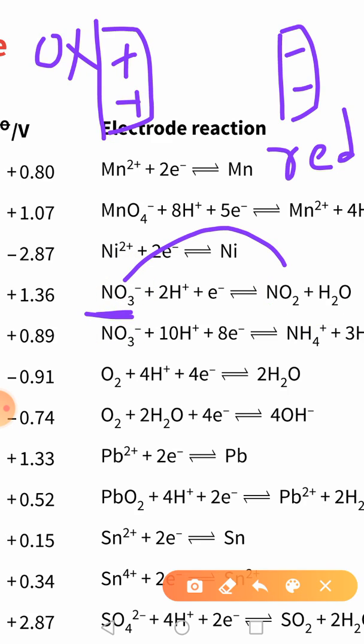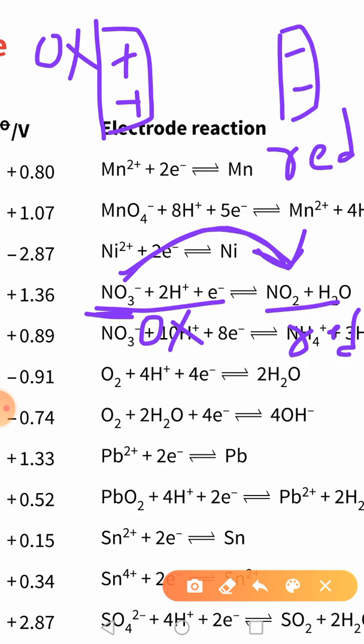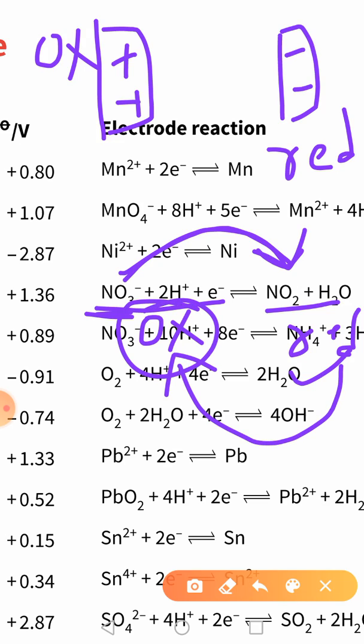So NO3 will be converted to NO2, and you know that in the electrode potential equation, the left side contains the oxidized form and the right side contains the reduced form. So going from left to right means reduction, and going from right to left means oxidation.